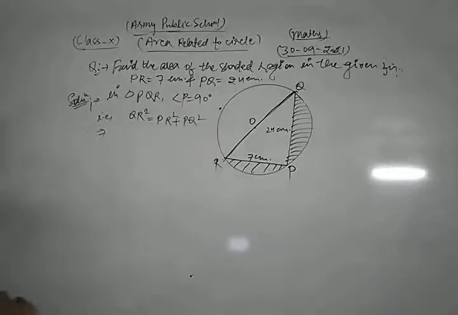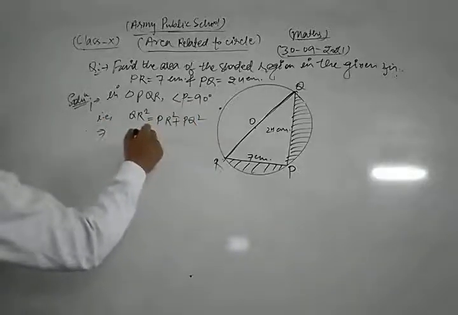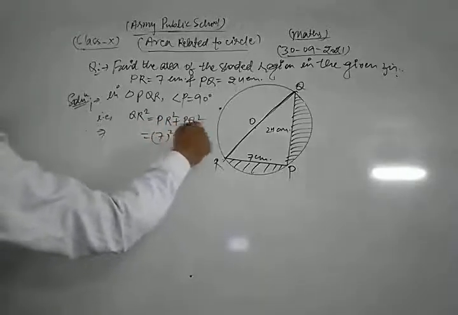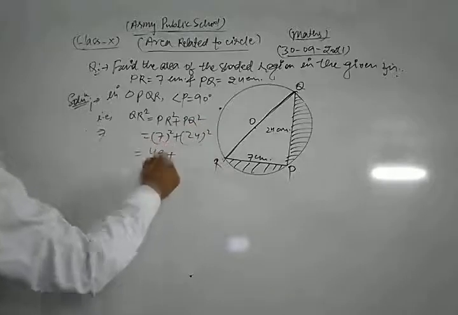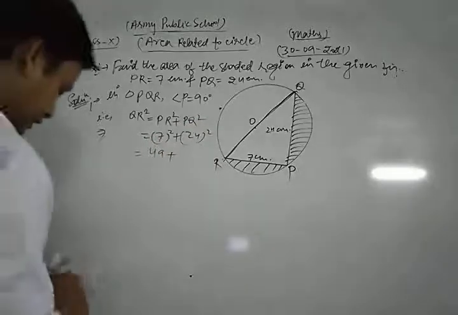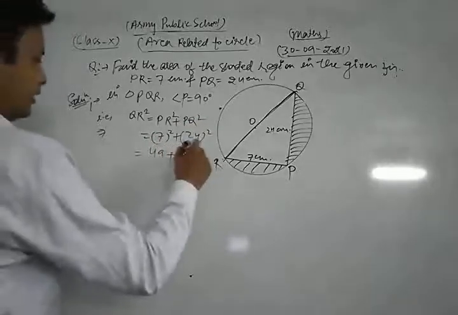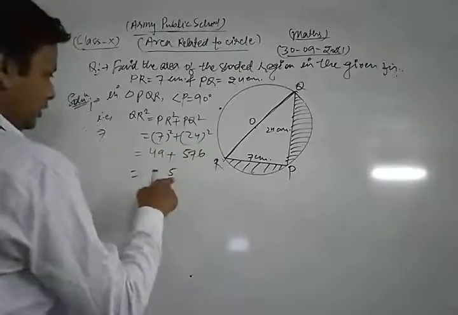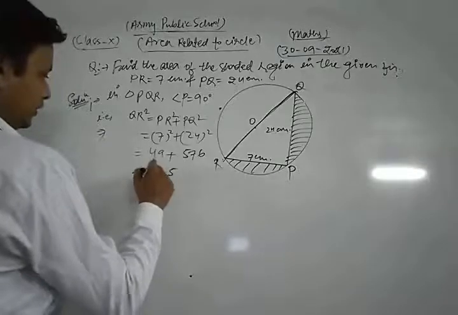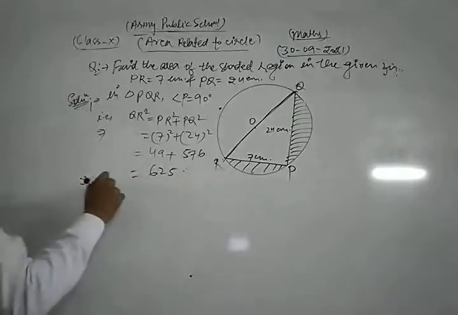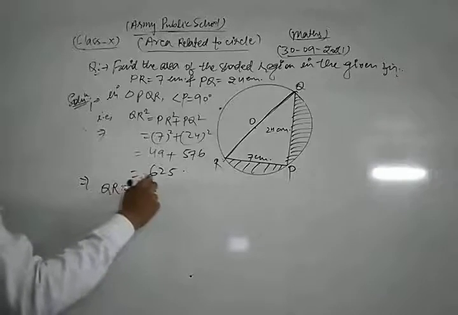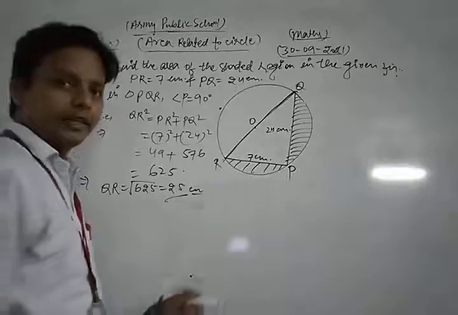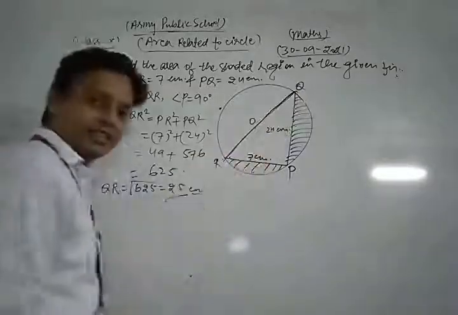So this is 7 square plus 24 square, so 49 plus 576, we get 625. So the value of QR is under root 625, that is 25 centimeter. So dear students, 25 centimeter is the diameter of the semicircle.